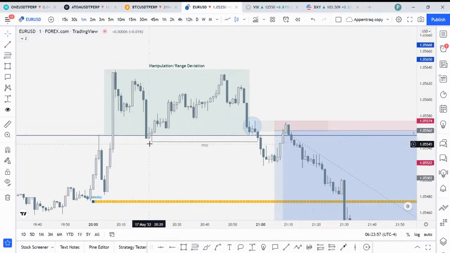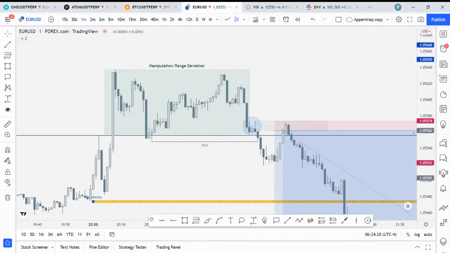Price couldn't make a higher high, and we have deviated back inside of the range. Before we deviated into the range, we had a demand to supply flip here. A demand supply flip is basically a reaction to demand or supply, and then one of them failing after. Don't forget we have a demand zone here.